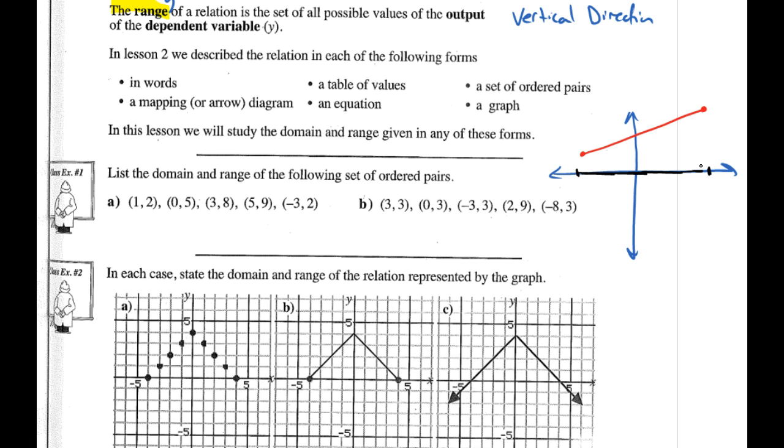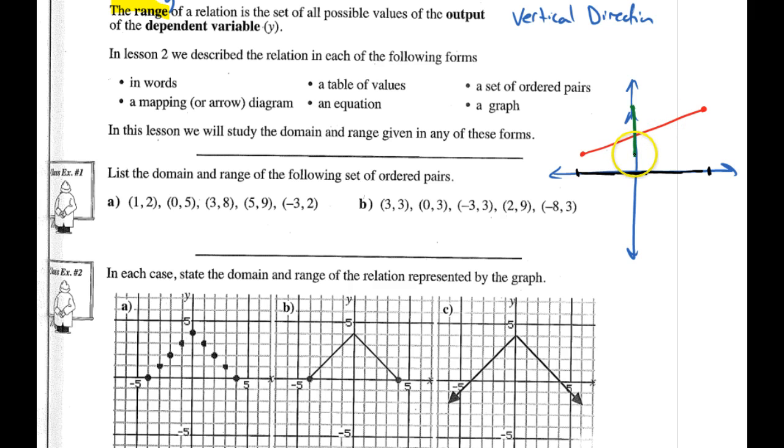Okay, and then the range would be in the vertical direction. So the range would be from all the way from here to here. So the range would be right about there. Okay, let me extend my graph a little bit here. So again, that's one way of looking at domain and range here, is what are all the possible y values?